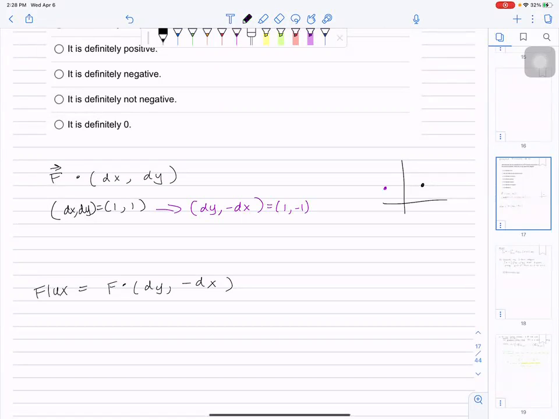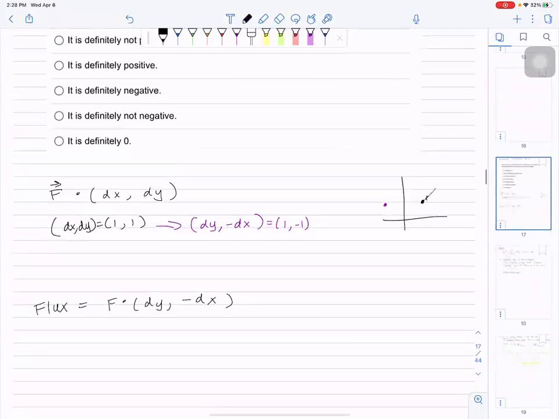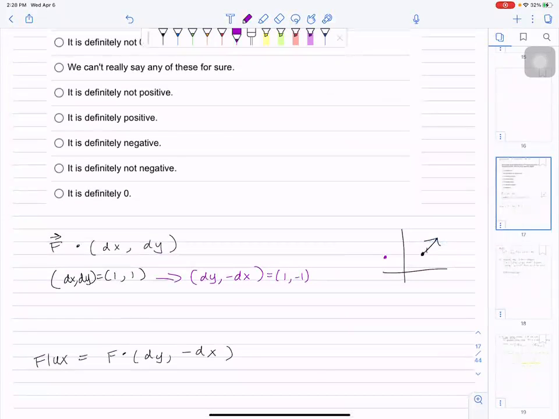So this black line goes one right and one up.